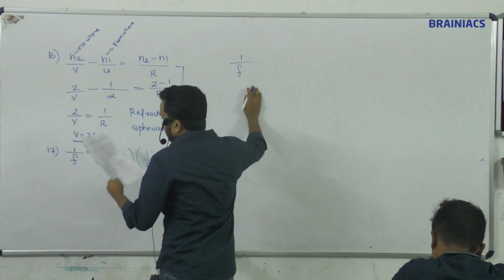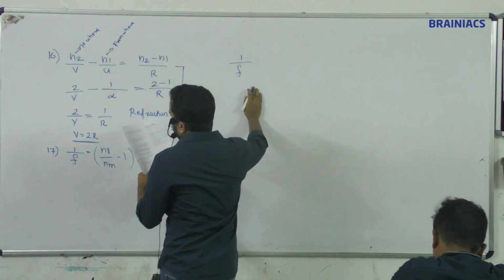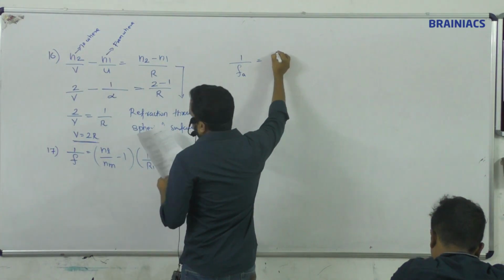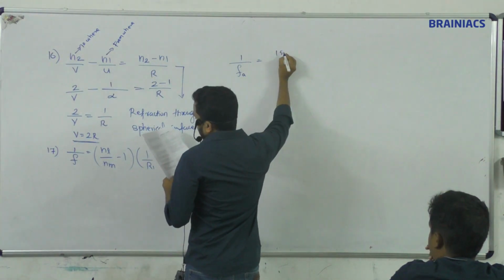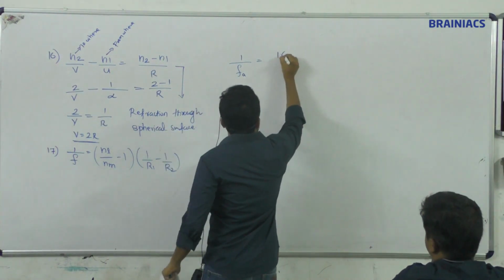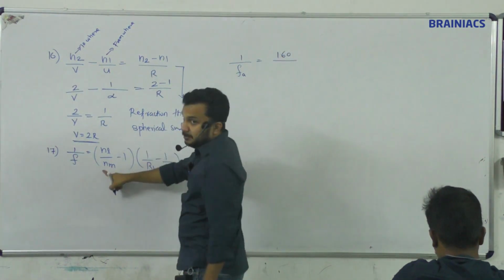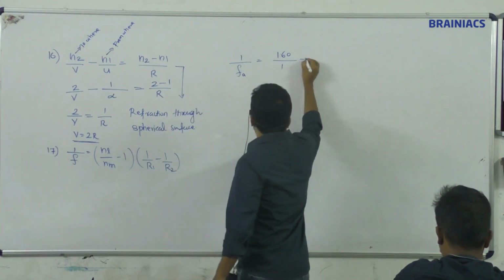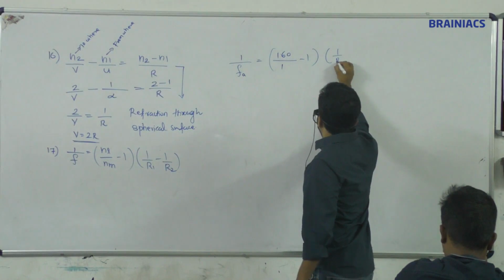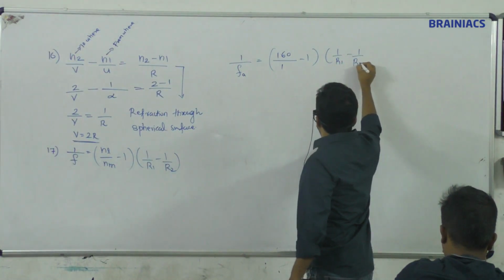One for focal length at air medium. First one, 1 by focal length in air is equal to NL, refractive index is 1.60, divided by N medium, medium is air, minus 1 into 1 by R1 minus 1 by R2.